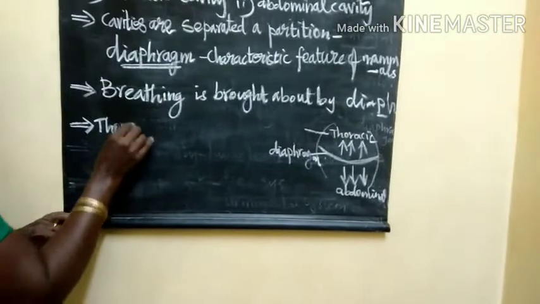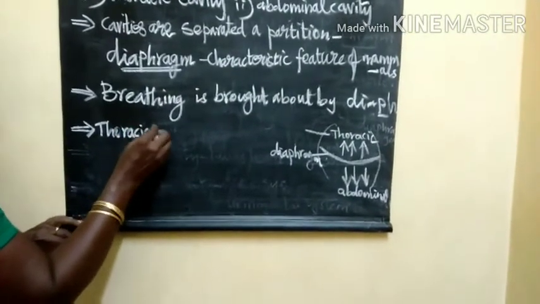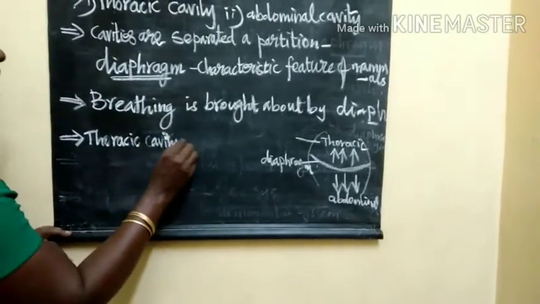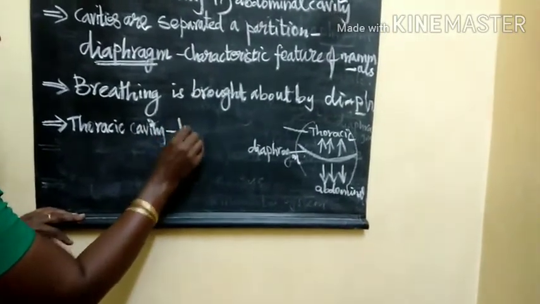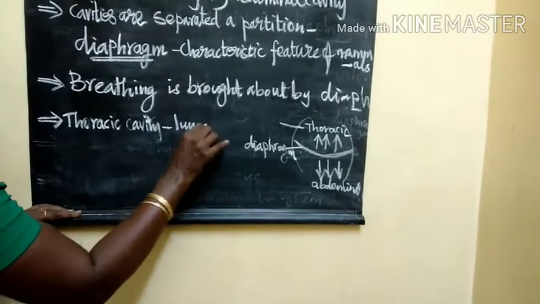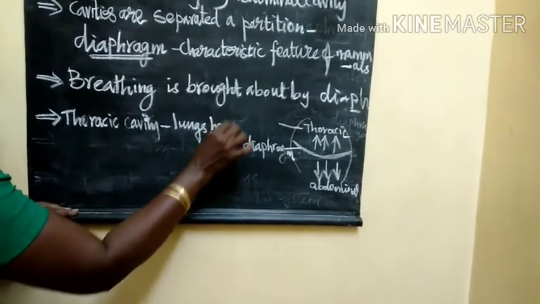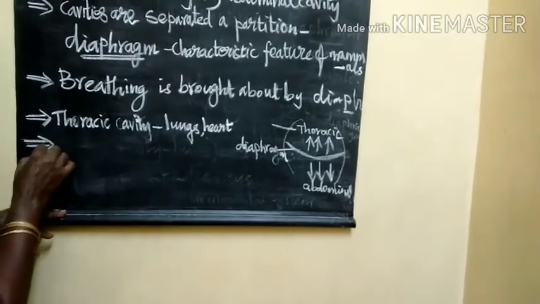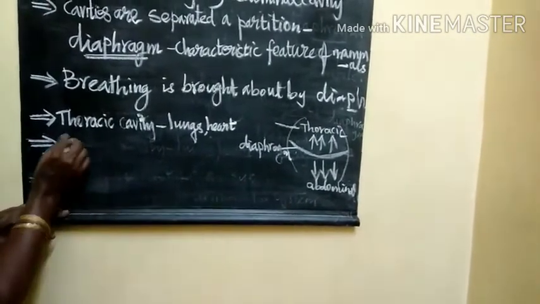The thoracic cavity contains the vital organs like lungs and heart. Lungs and heart are seen in the thoracic cavity. And what are the organs seen in the abdominal cavity?